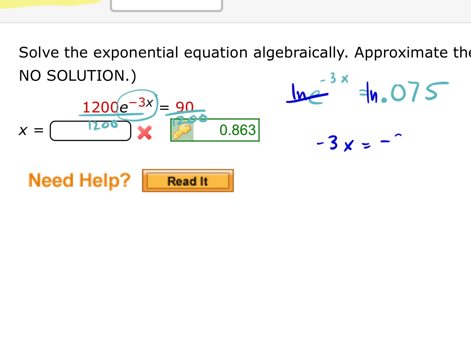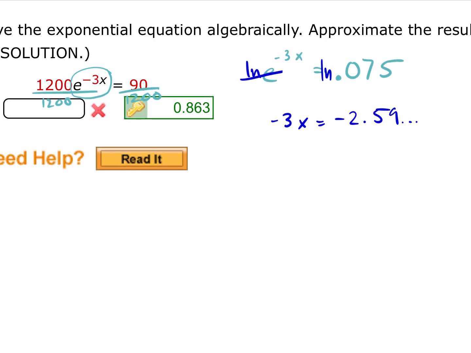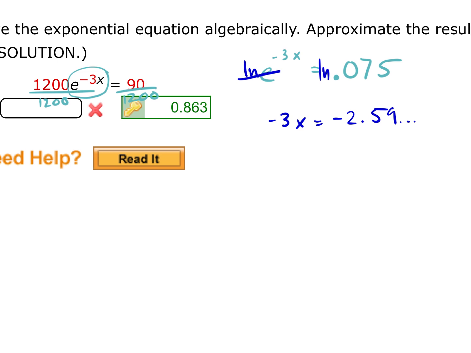We should get negative 2.59. It keeps going, but I'm going to leave it in the calculator for the last step. What's our last step? Divide by negative 3. So we should get 0.863.